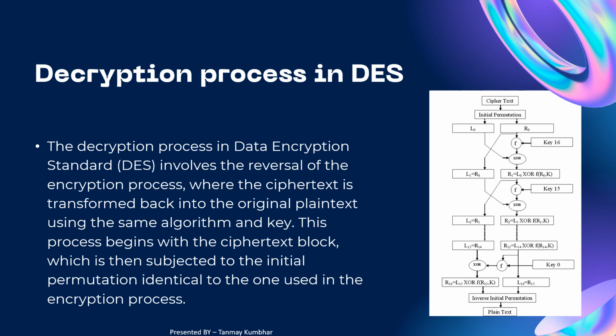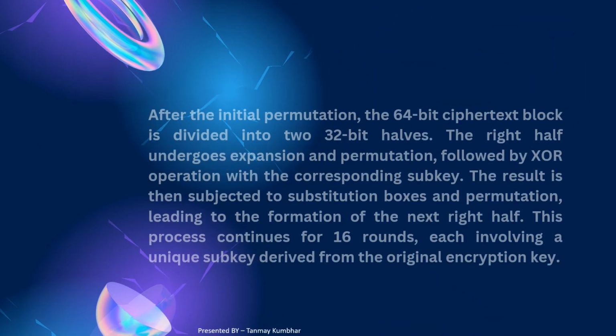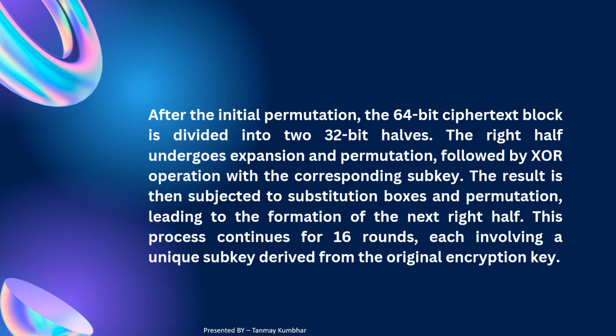Decryption process in DES. The decryption process in Data Encryption Standard DES involves the reversal of the encryption process, where the ciphertext is transformed back into the original plaintext using the same algorithm and key. This process begins with the ciphertext block. After the initial permutation, the 64-bit ciphertext block is divided into two 32-bit halves.